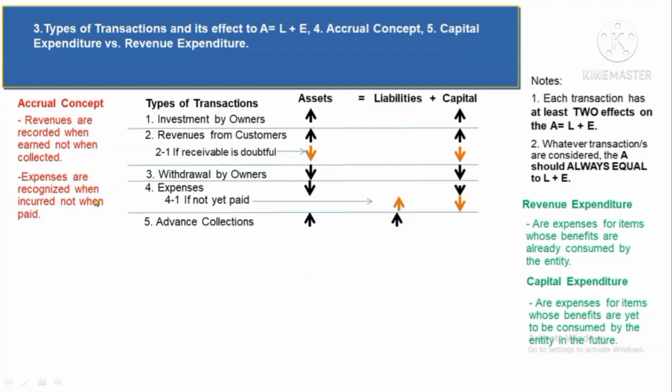Diba? In the past, I said in the accrued revenues, the customers are late in paying. But in deferred revenues, it's not the case. The customer pays in advance. But the moment that you have already earned those payments, you're just going to deduct the liabilities and you're going to add the capital account because these are already considered as revenues.